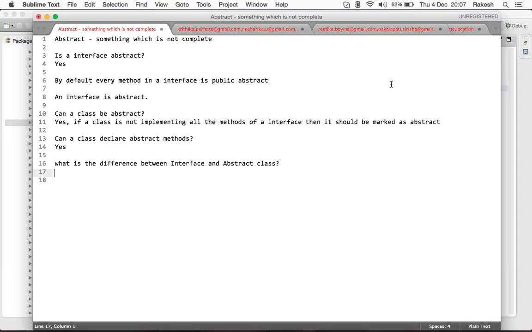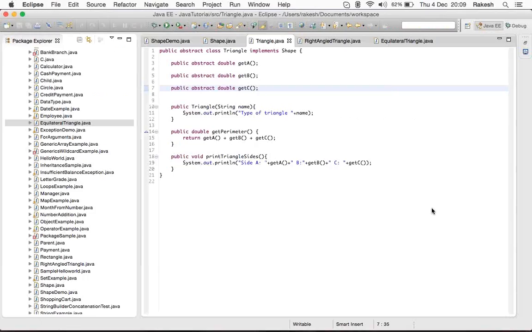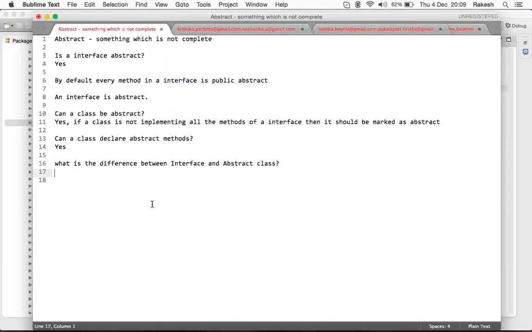Okay, so there's only one person who gave the answer, and yeah, very good. You guys are right. The main difference between an interface and an abstract class is that an abstract class can have methods with a body, whereas an interface can only declare or define methods.